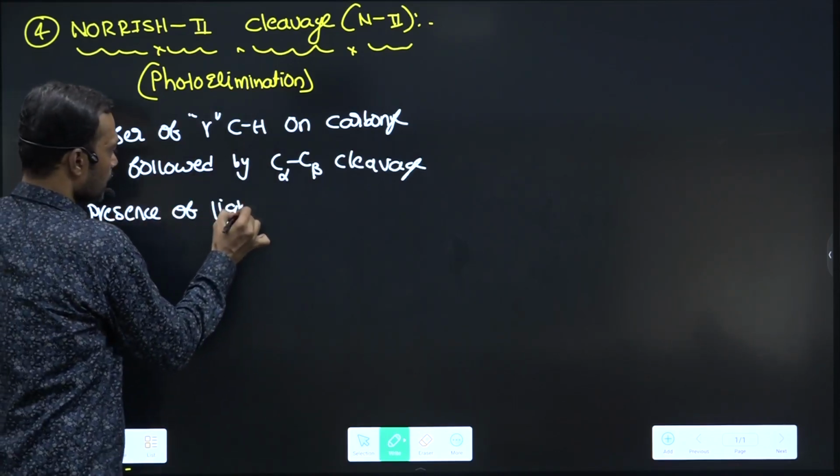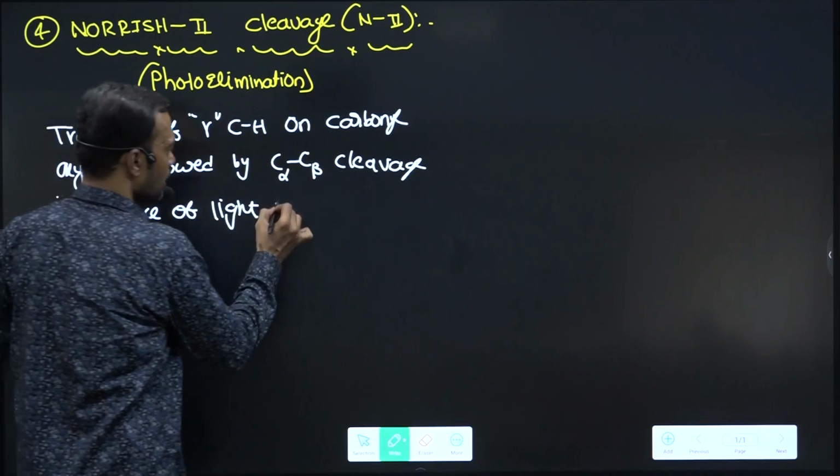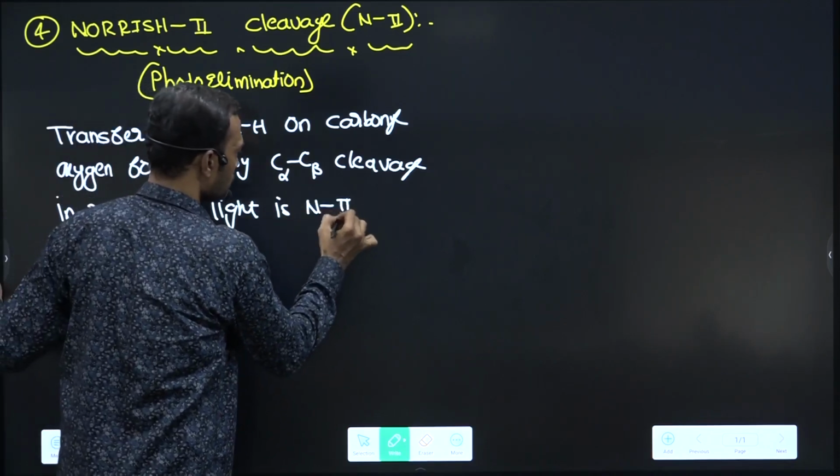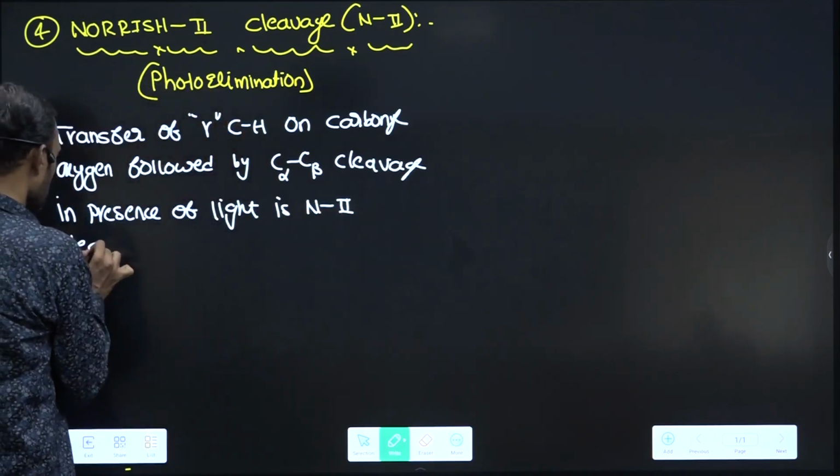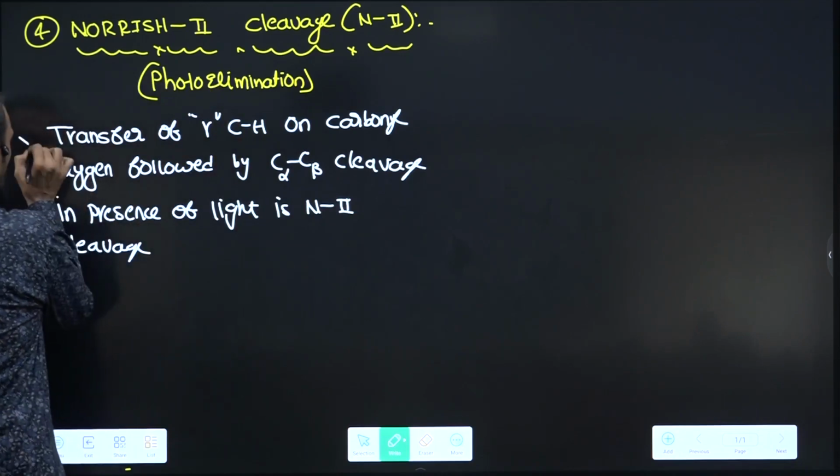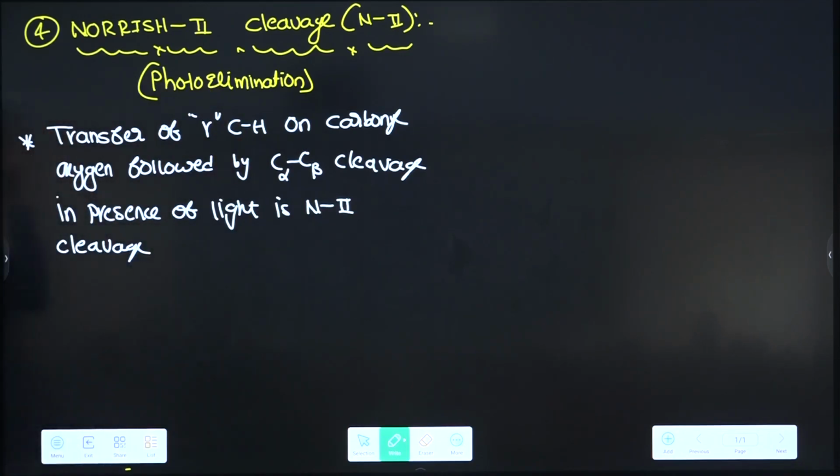So I am using light commonly. In presence of light is Norrish II cleavage. Norrish II cleavage is nothing but transfer of gamma hydrogen on unsaturated carbonyl oxygen followed by C alpha C beta cleavage.